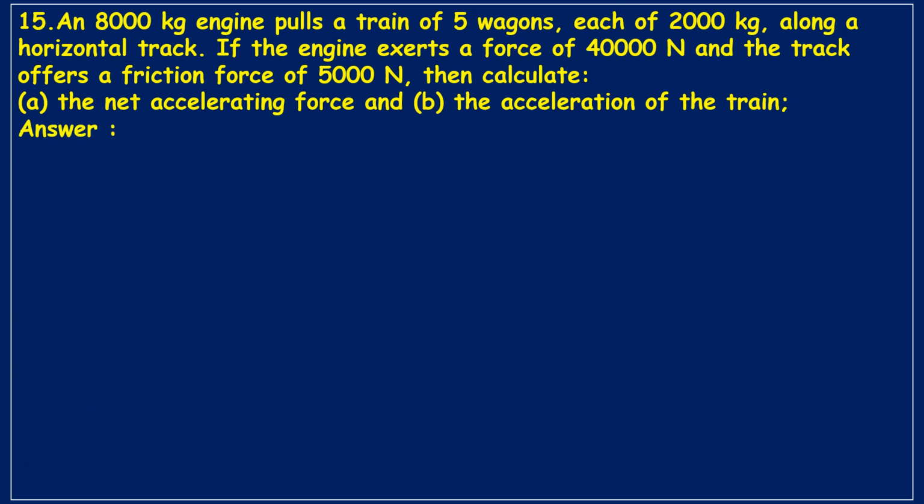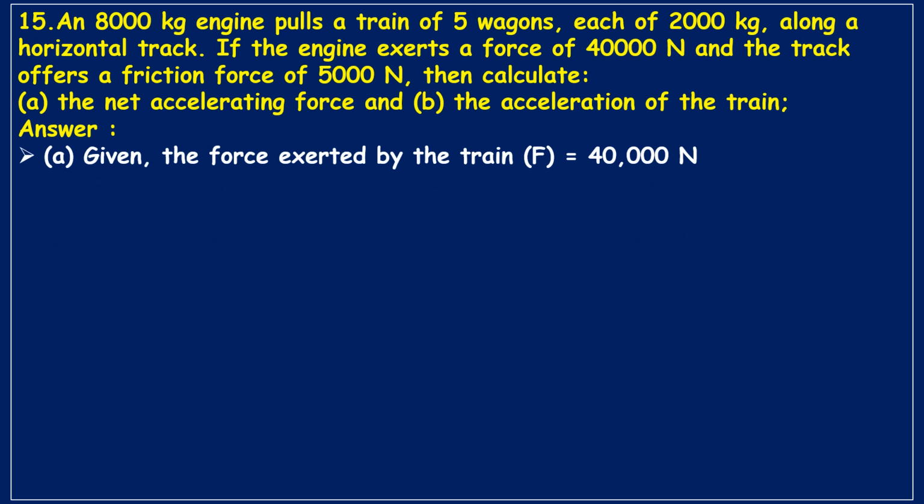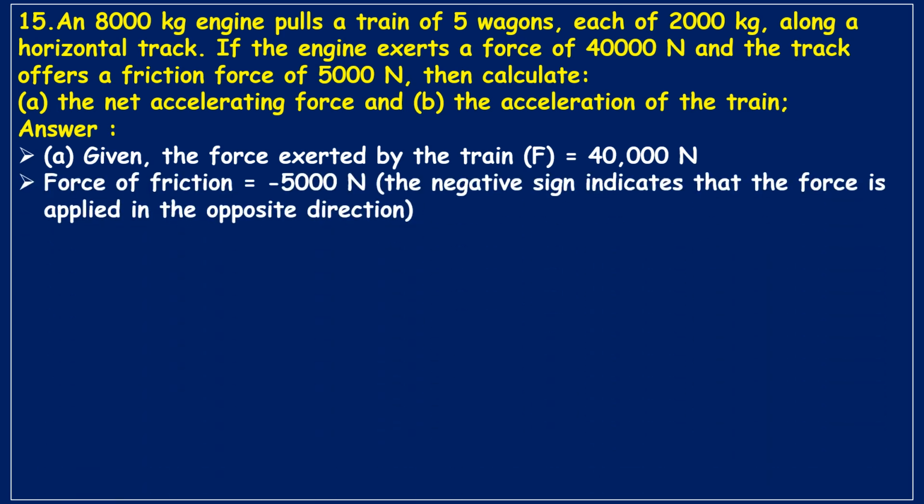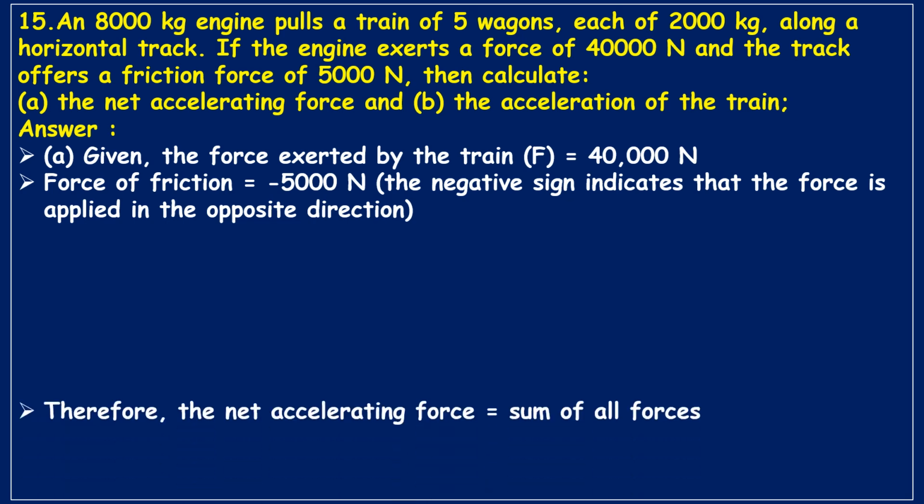Now the answer. Given data: the force exerted by the engine F is given as 40,000 newtons. Force of friction is given as minus 5,000 newtons because friction always works in the opposite direction. So it is taken as minus 5,000 newtons. The negative sign indicates that the force is applied in the opposite direction.